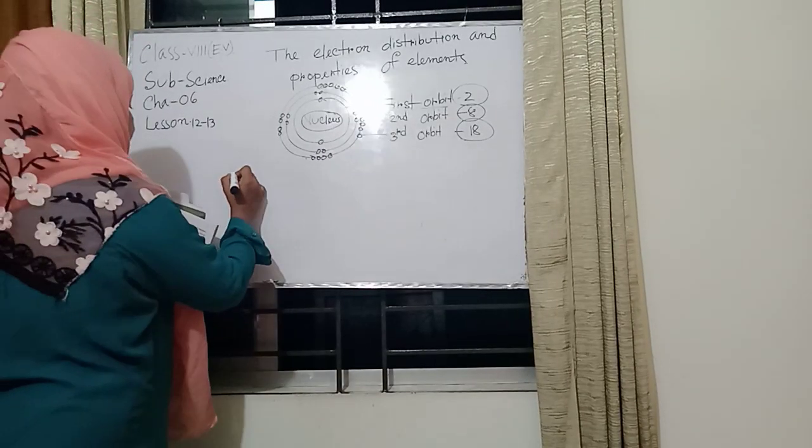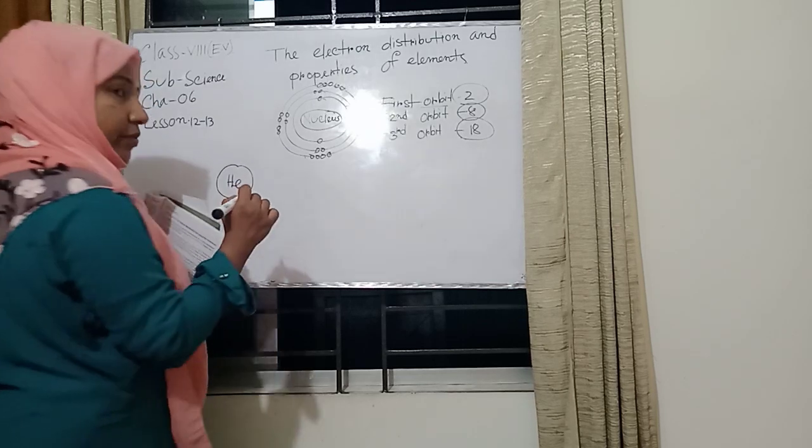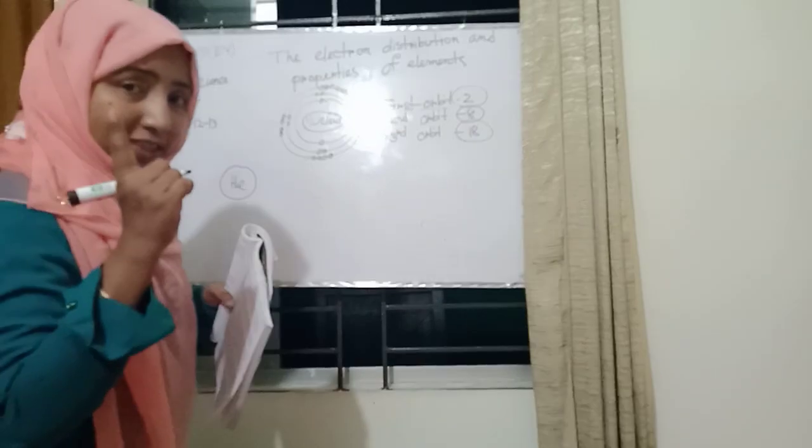In the helium structure, there is the first orbit, and the atomic number is 2.